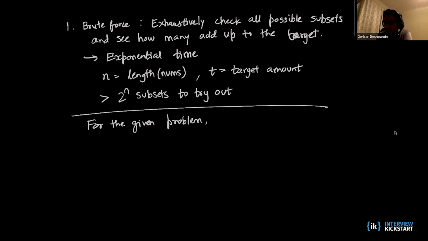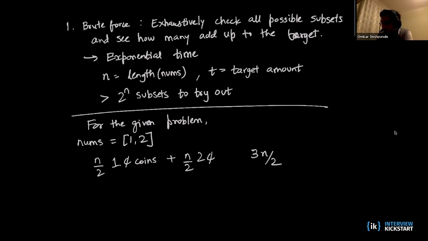So let's say we had only two coins, 1 cent and 2 cent coins, and we had an amount of, let's say, 3n by 2, where n is some large number. So one way to make up an amount of 3n by 2 is to use n by 2 1 cent coins and n by 2 2 cent coins.